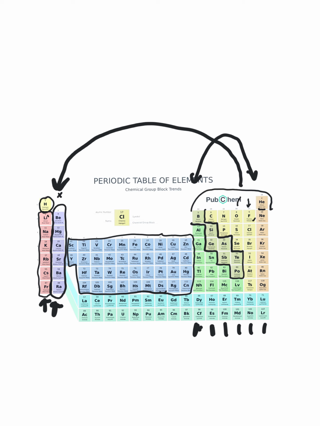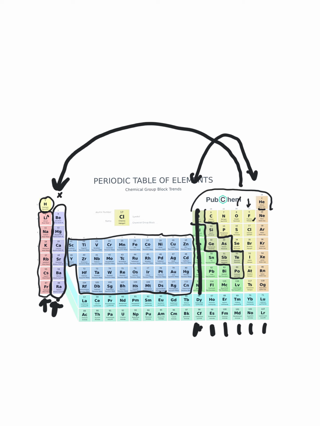So group 1 has 1 valence electron, group 2 has 2 valence electrons. But if we go over to 13 through 18, if you subtract 10 from the group number, that's how many valence electrons it has. So for instance, group 13, if you subtract 10 from 13, it's 3. These elements have 3 valence electrons.